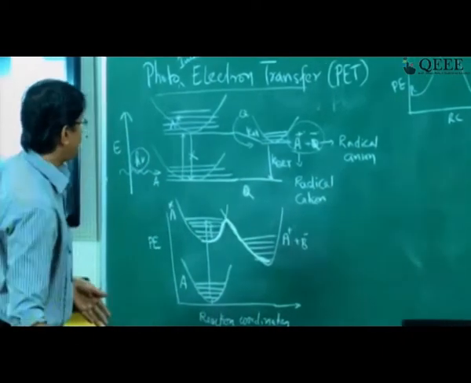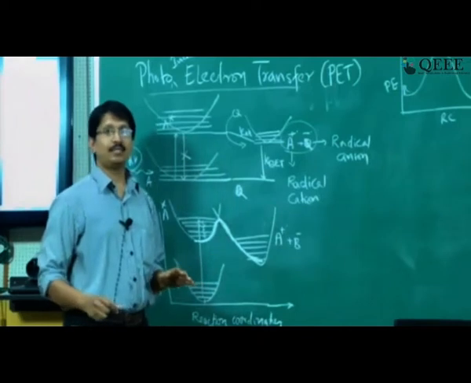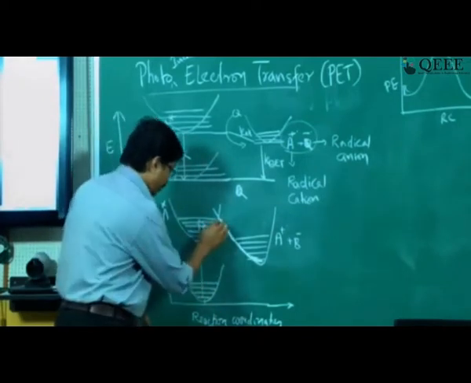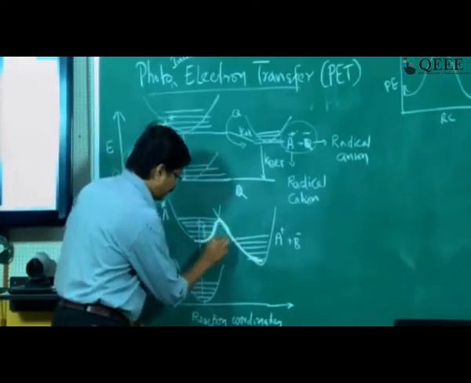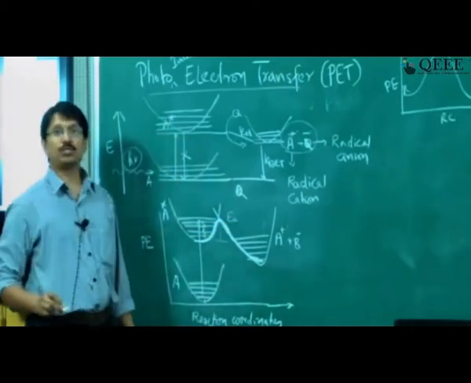Now where is the activation barrier? How much activation is happening? As you can see clearly, this distance is the EA, or activation energy.